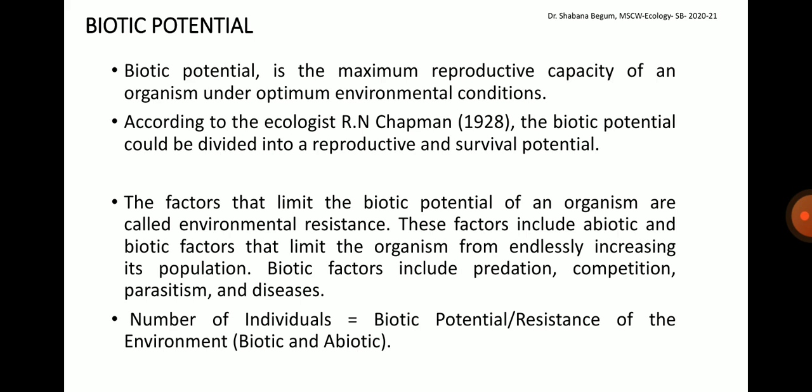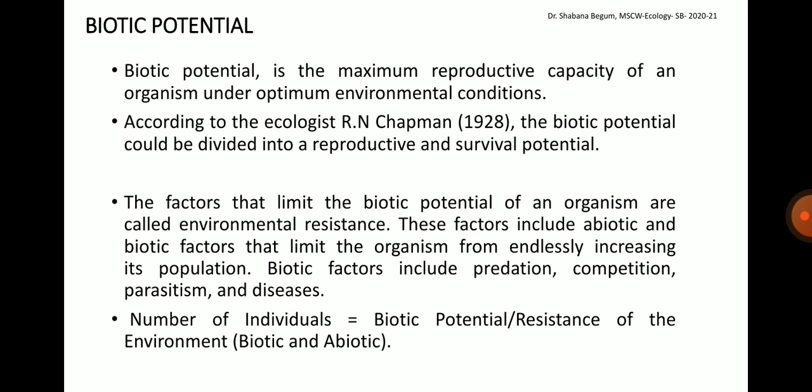The factors that limit the biotic potential of an organism are called environmental resistance. These factors include abiotic and biotic factors that limit the organism from endlessly increasing its population. The biotic factors include predation, competition, parasitism, and diseases.